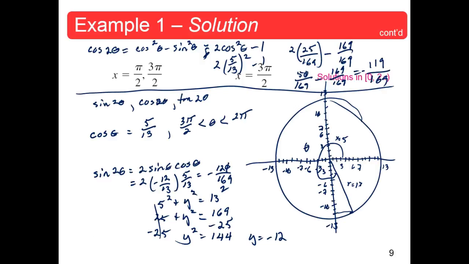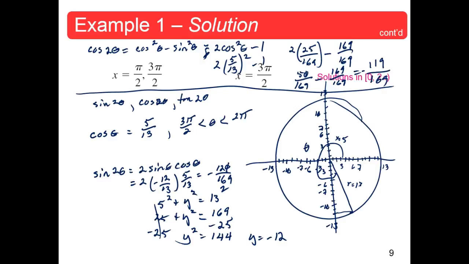Okay. Now, they also ask for tangents. So if we go through and do that old formula, if I'm remembering right, it's 2 tangent theta over 1 minus tangent squared theta. Oh man, then we have to figure out what tangent theta is from all this.